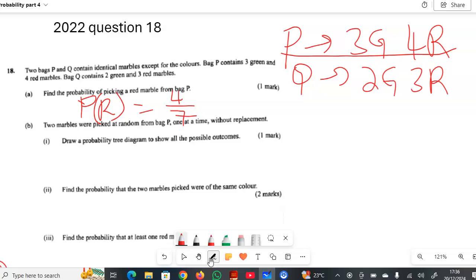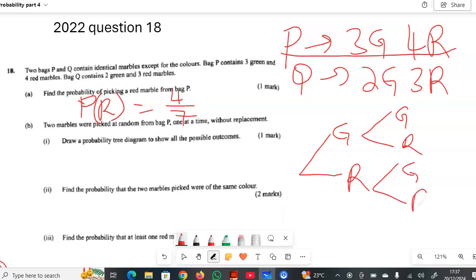So the first pick can be green or red, and then the second one can be green or red. In this case, you're going to be having green, green, green, red, red, green, and red, red.